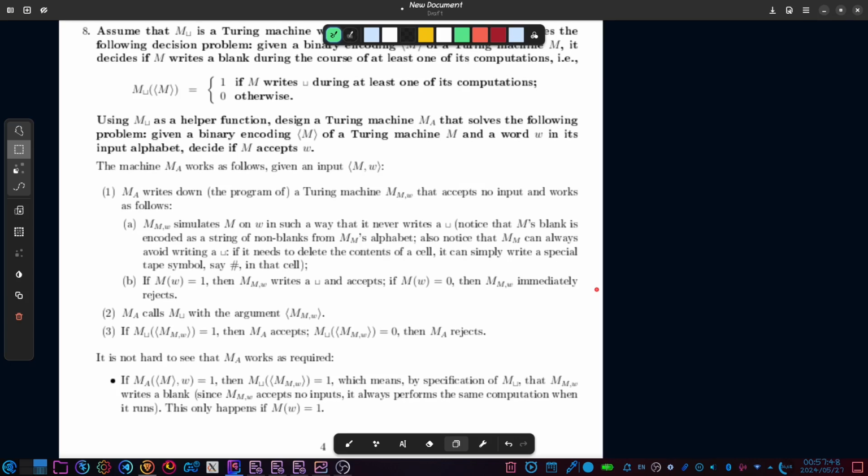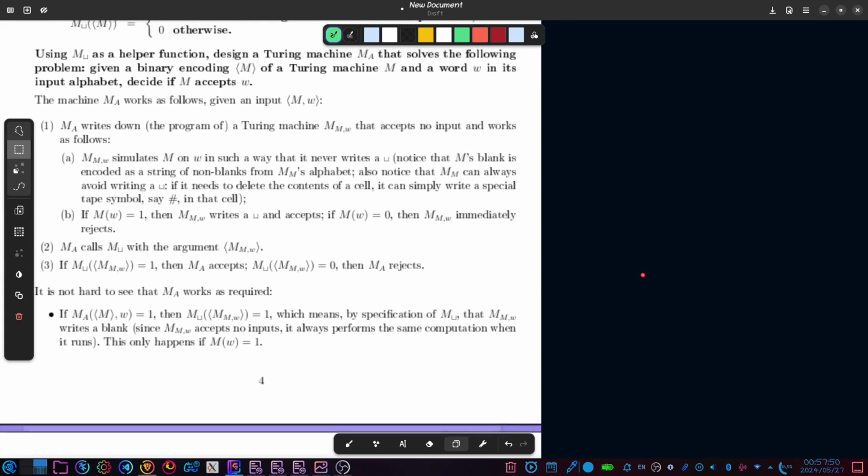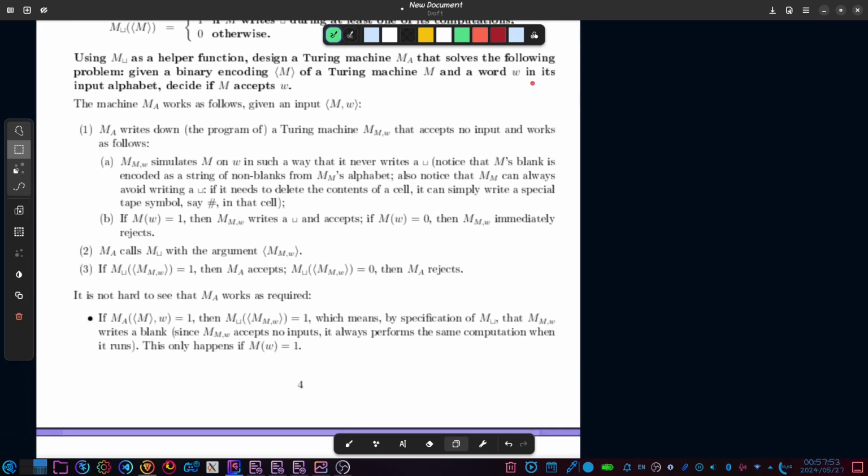But yeah, for this one, it's fairly simple, right? So basically what we're trying to do here is create, okay, so this is the condition we're trying to enforce.